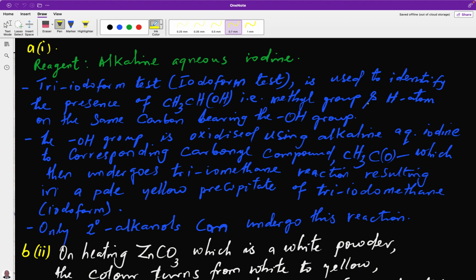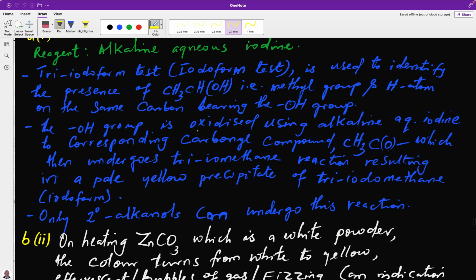That is a methyl group and a hydrogen atom on the same carbon bearing the OH group. This is the carbon atom that is having the OH group. The methyl group is still on the same carbon atom. So this test is used to identify the presence of the methyl group and a hydrogen atom on a carbon atom bearing the OH group. That is the purpose for this test.